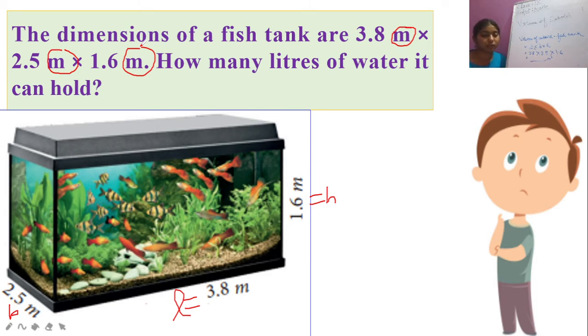So students, did you get the answer for this? How much is the volume in meter cube? That is 15.2 meter cube. But students, do we get the correct answer for how many liters of water we require for the fish tank? No, right? Because we have to calculate the answer in liters, not meter cube.